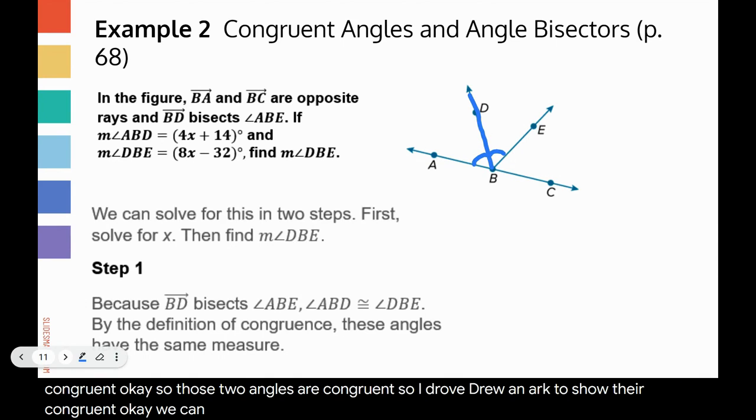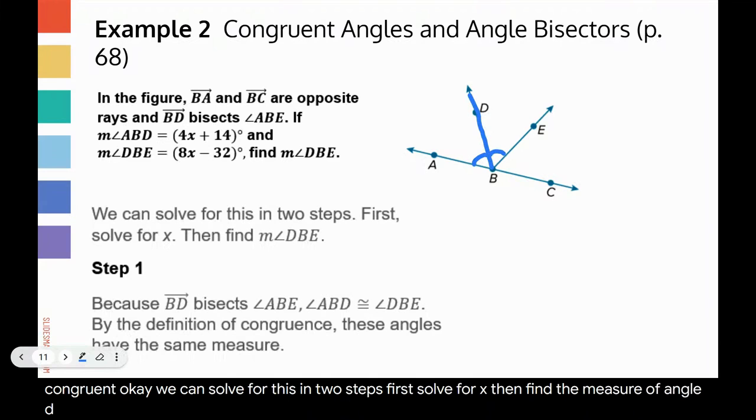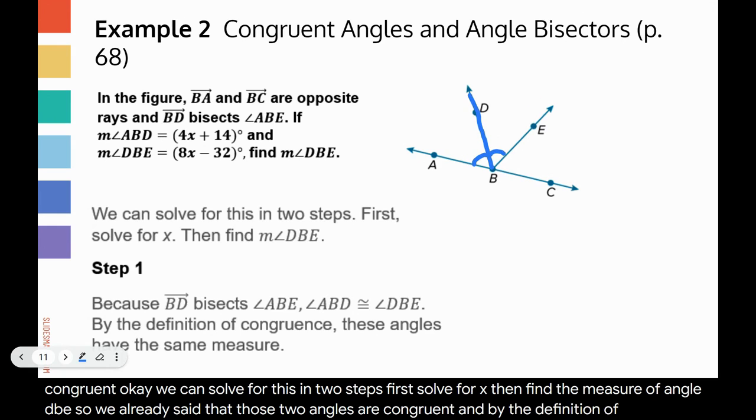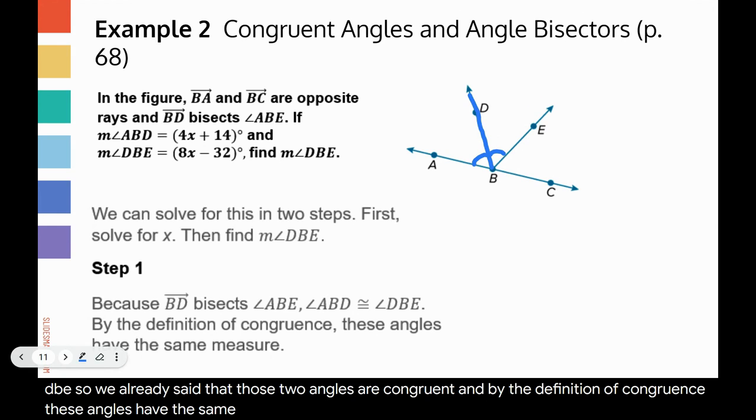Okay, we can solve for this in 2 steps. First, solve for x, then find the measure of angle DBE. We already said that those two angles are congruent, and by the definition of congruence, these angles have the same measure.